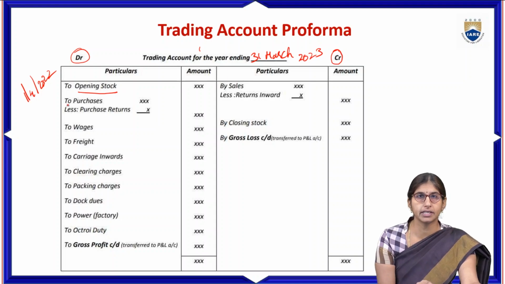Next item is purchases. Whatever purchases we have made, we have to write on the debit side: to purchases account minus purchase returns. Purchase returns means whenever we purchase some goods, sometimes we may not be satisfied with the goods we have received.